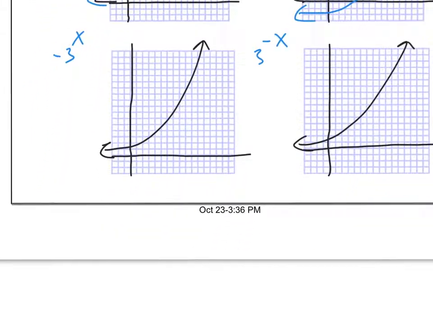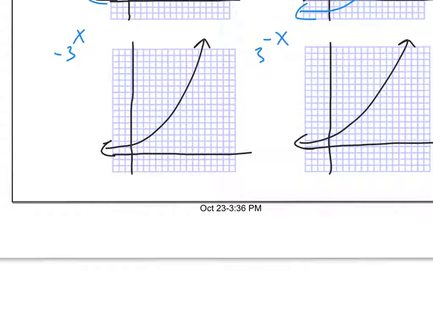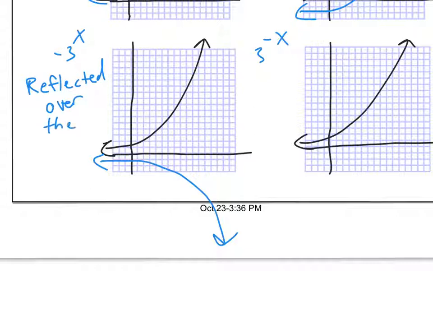Negative signs are always reflections. It's a matter of over which axis. There's a negative sign out front, which is going to give you a reflection over the x-axis.